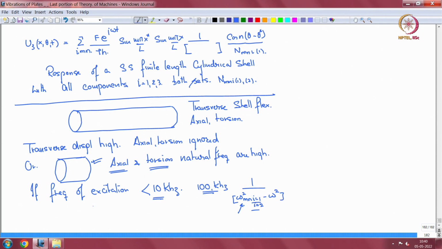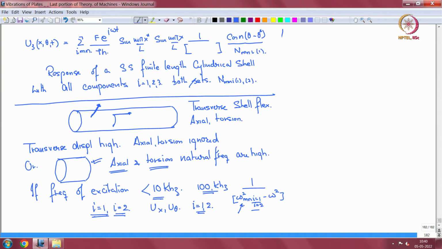So I1 and I2 can be ignored, especially if you are exciting in the transverse direction. We excite the shell in the radial direction, not in torsion nor along the axis, so displacements in ux and u theta can be ignored.